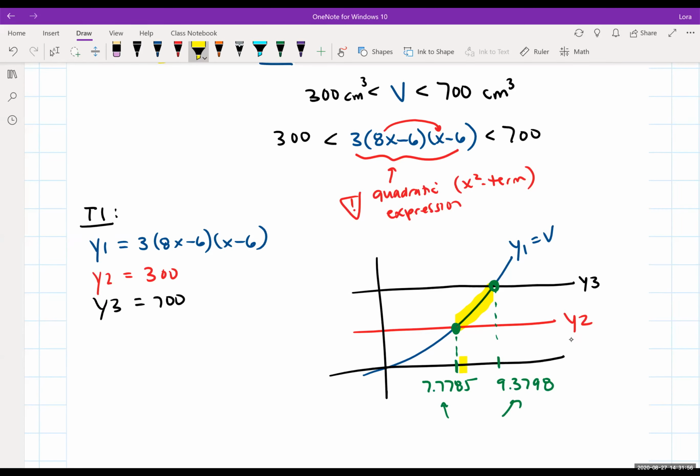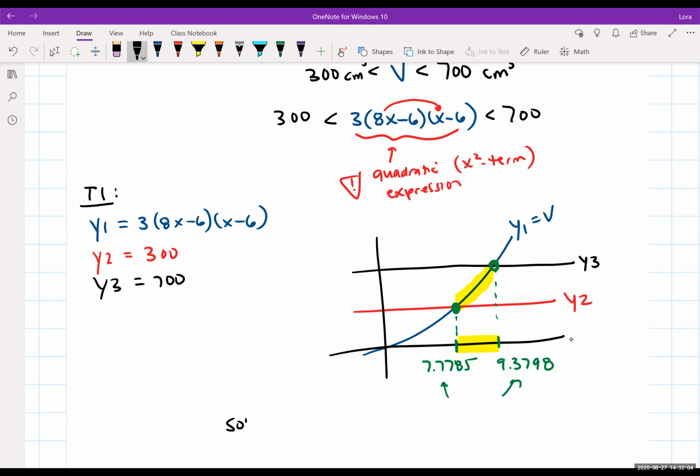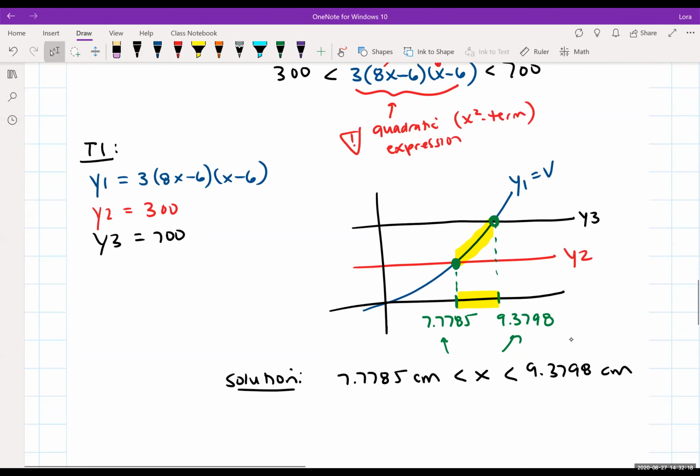You actually want to list the region between these 2 numbers. So your solution for this particular question, you would have to give us 7.7785 centimeters is less than X is less than 9.3798 centimeters. So that's giving you the region.